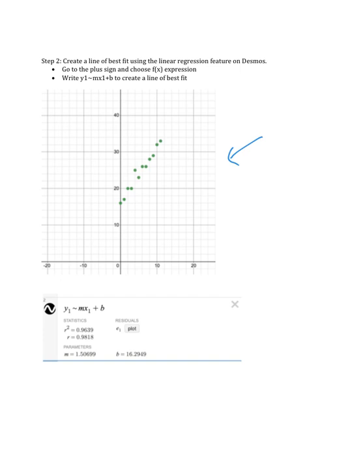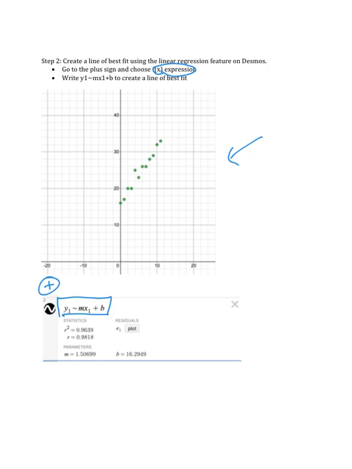And what you're going to do to find that line of best fit is you're going to go back to that plus sign in the upper left-hand corner, and now you're going to choose that f of x expression like we've done in the past. And here's what you're going to write in it. y1, and then instead of an equal sign, you're going to use this little tilde that's in the upper left-hand corner, and then mx1 plus b.